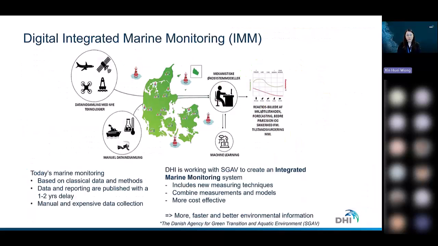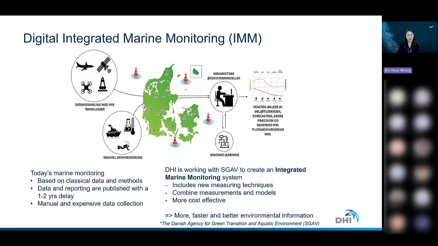So the answer is what we call this digital integrated marine monitoring, developed jointly by DHI and SCOUT, which is the Danish Agency for Green Transition and Aquatic Environment. The core idea is straightforward: to combine new observation technologies, satellites, autonomous buoys, ferry boats, drones, with mechanistic numerical models and machine learning to produce more and faster, better environmental information.